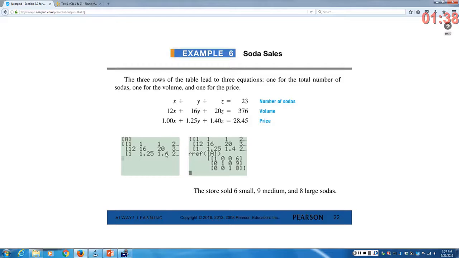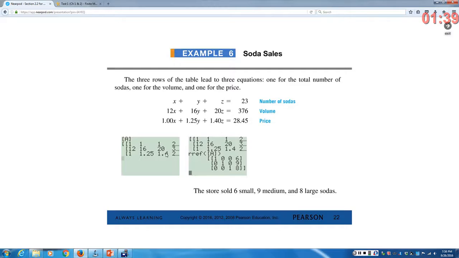And your textbook tells you in one place that you can clear the decimals of all of this, but there's no need to because your calculator doesn't mind decimals. It works just fine. So I put those exact numbers into the matrix, and I did rref of matrix A.